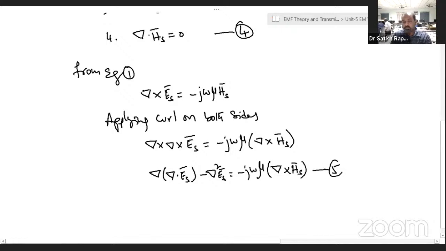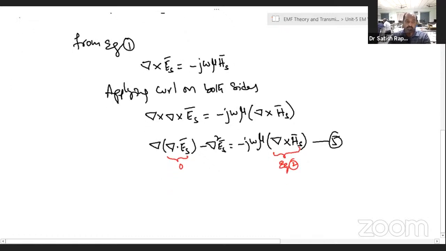Let us say this is equation 5. In equation 5, del dot Es bar is 0 and del cross Hs bar is from equation 2.